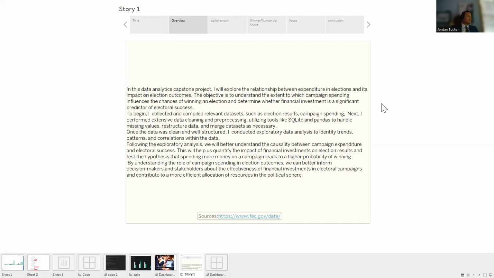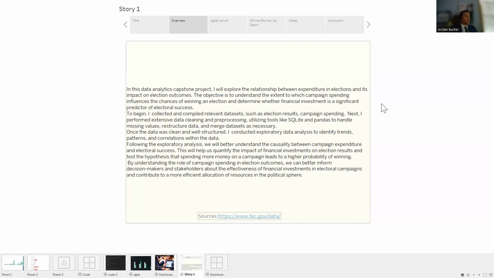Once the data was clean and well-structured, I conducted exploratory data analysis to identify trends, patterns, and correlations within the data. Following the exploratory analysis, we'll better understand the causality between campaign expenditure and electoral success. This will help us quantify the impact of financial investments on election results and test the hypothesis that spending more money on a campaign leads to a higher probability of winning.